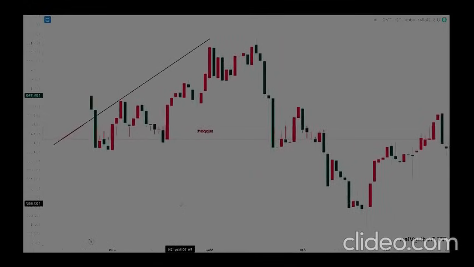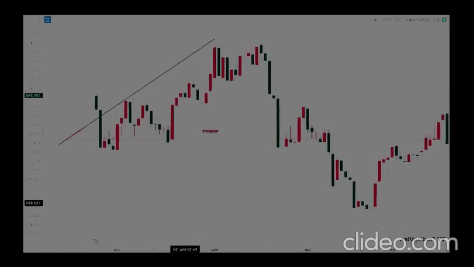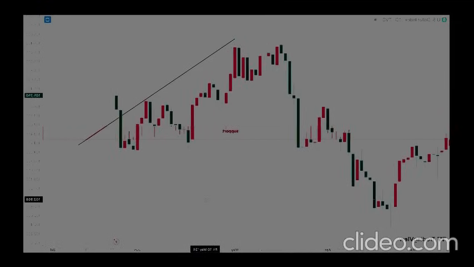That will be our entry time frame, and I use it to enter my trades.